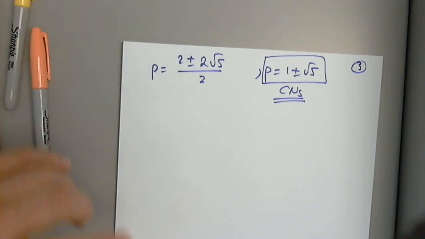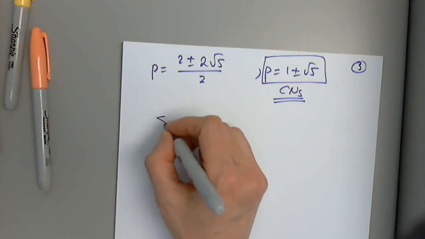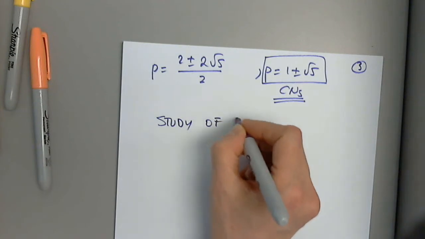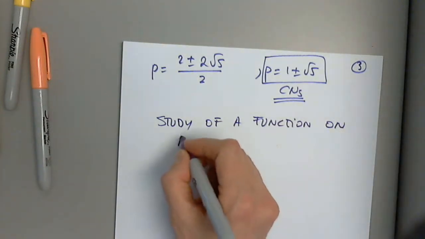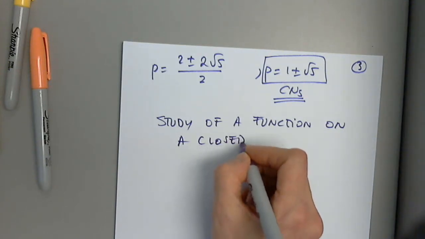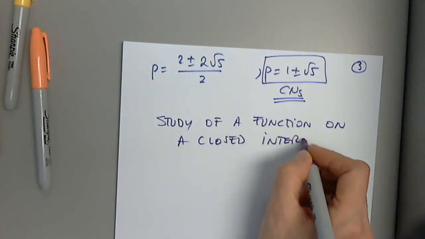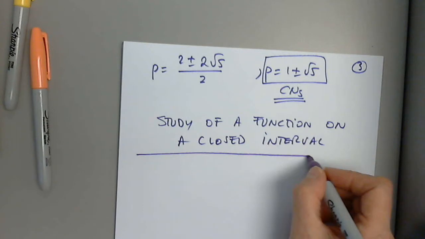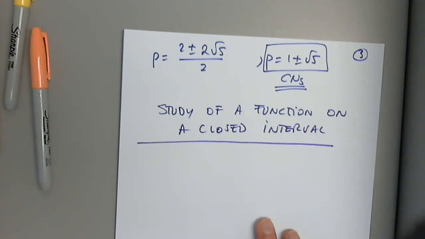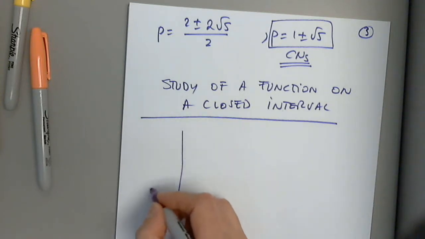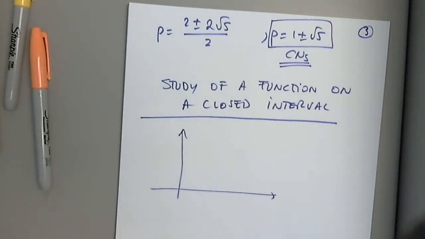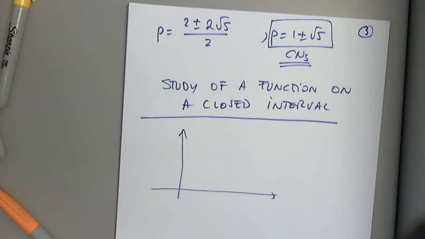One very important topic here is the study of a function on a closed interval. Basically, we're interested in max min, but let me go back to one graph so we can discuss this first. So let's suppose I have a graph of a function that does this.